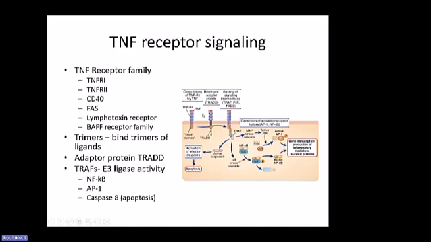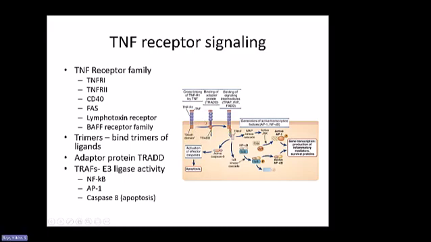All of these have this particular structure where there is a triad of trimers, which are three chains bound to each other, and they bind to ligands that are also trimers that can bind to these trimers of the receptor. Once that ligand binds to the receptor, the receptor at the cytoplasmic tail has something called a death domain.